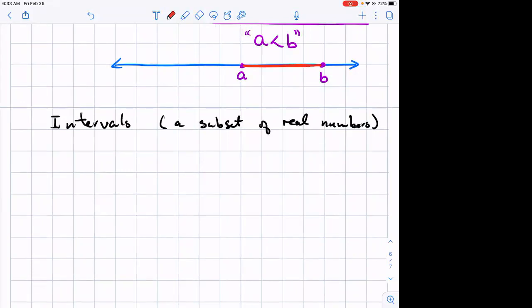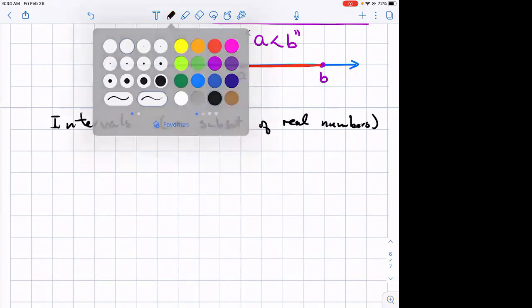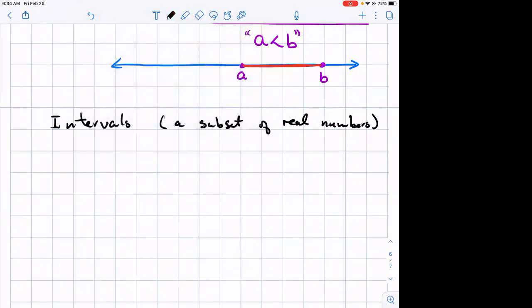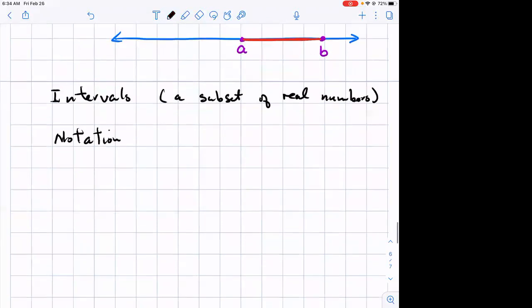Now, you will see different types of intervals. For example, if you look at the notation, let's say 3, 5, and this is not a point. I'm not plotting points.